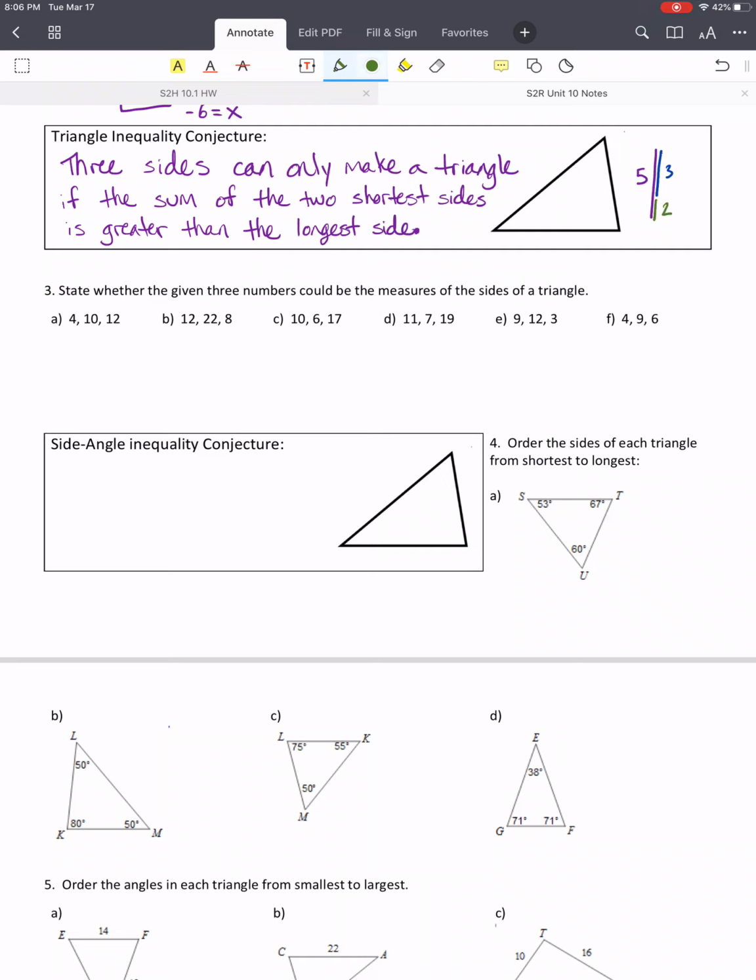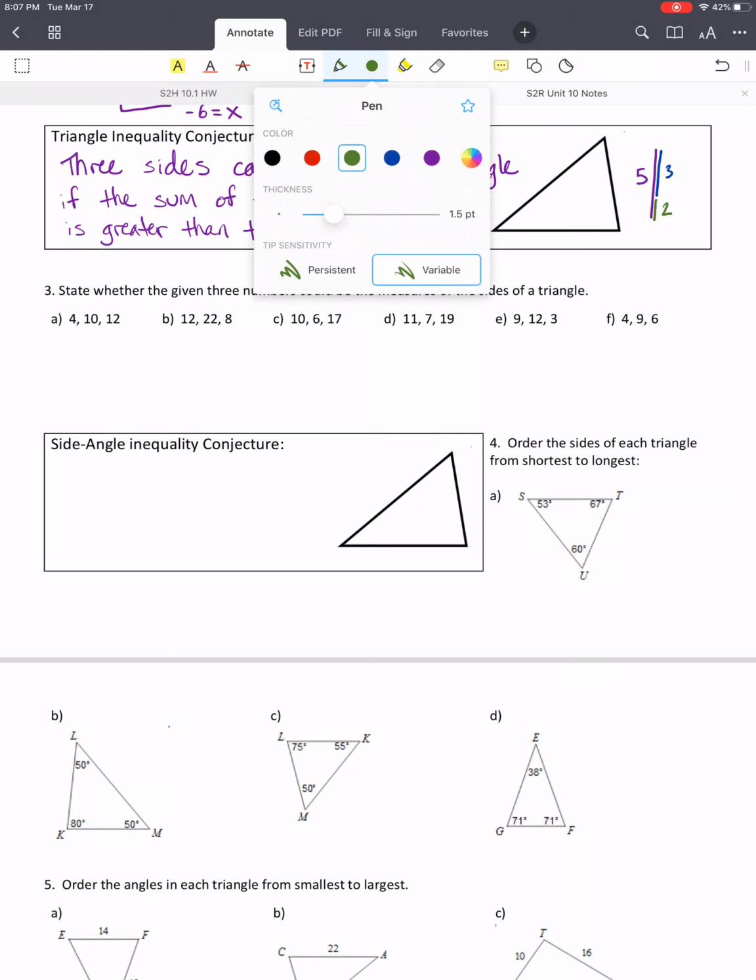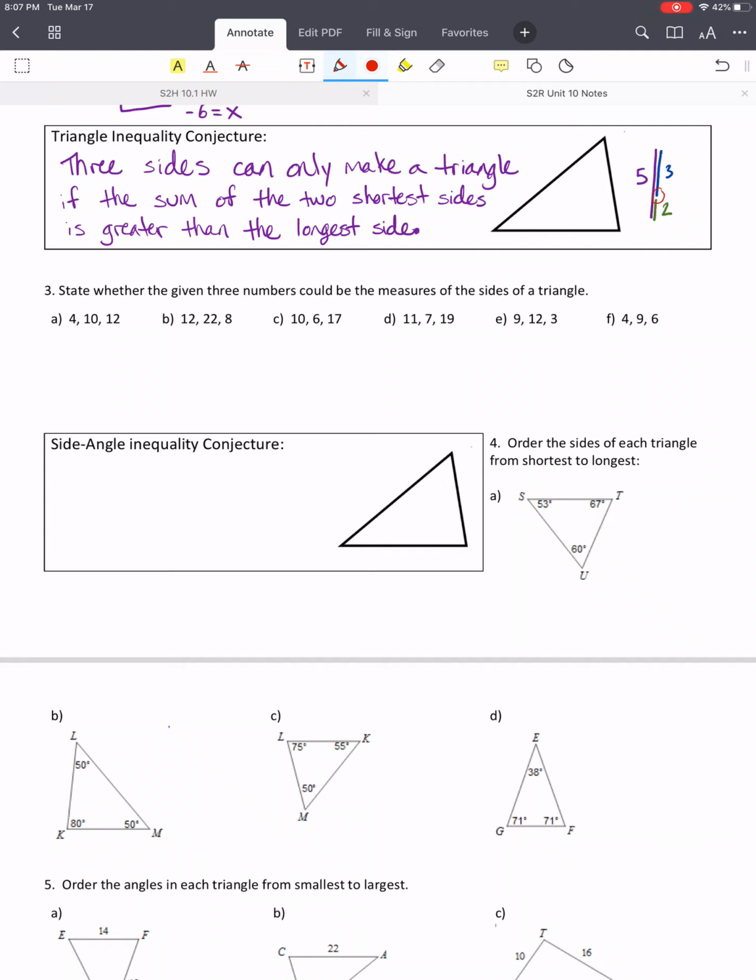When I try to put those together, they just collapse on each other, because 3 plus 2 equals 5. As soon as I try to pop the 3 and the 2 out to make a triangle, it's not going to connect, because there's an angle created that prevents it from touching both ends of the 5.